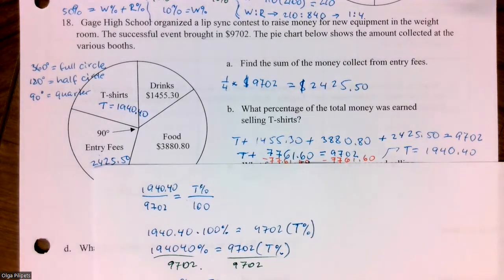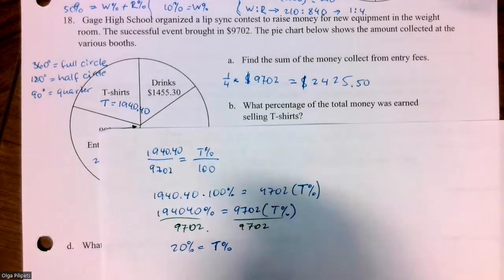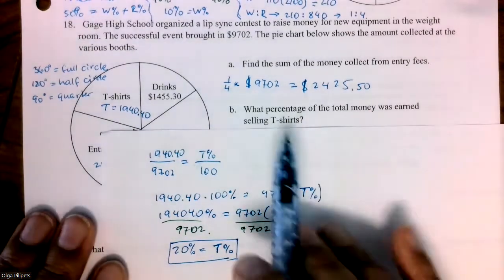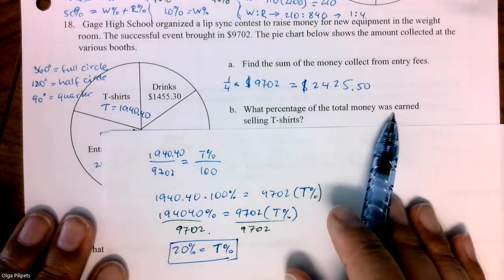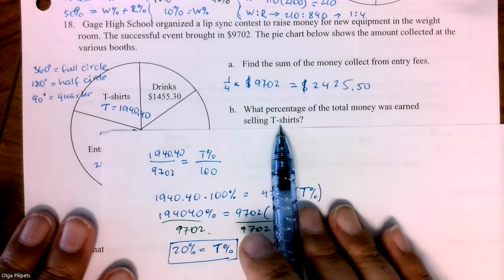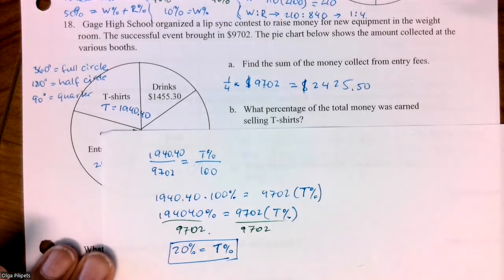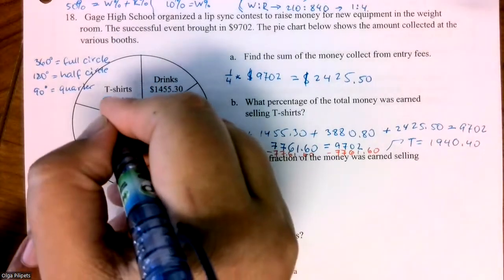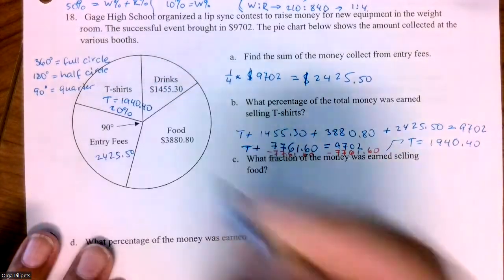T amounts to 20%, and that answers my question. What percent of the total money was earned selling t-shirts? So again, if I had enough room, I would write that the percentage of the total money earned by selling t-shirts amounts to 20% of the total money raised.